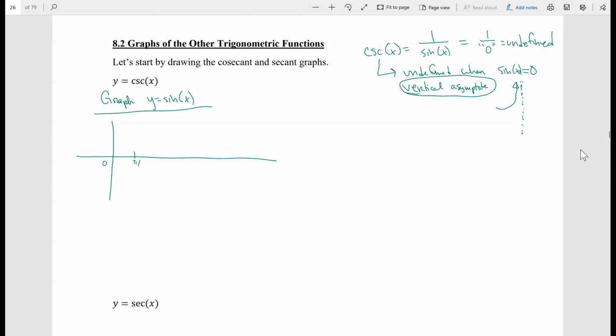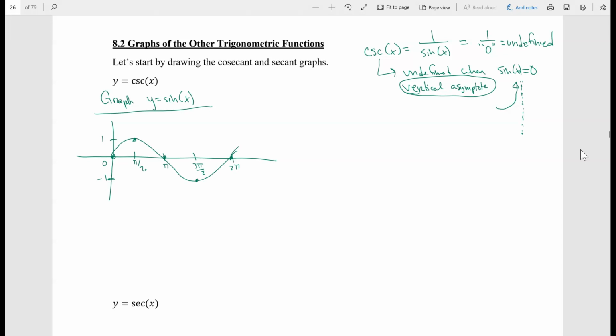Then you have pi over 2, pi, 3 pi over 2, and then 2 pi. The sine curve has an amplitude of 1. We know that it starts at 0, and then 1, 0, negative 1, 0. So it looks like this.